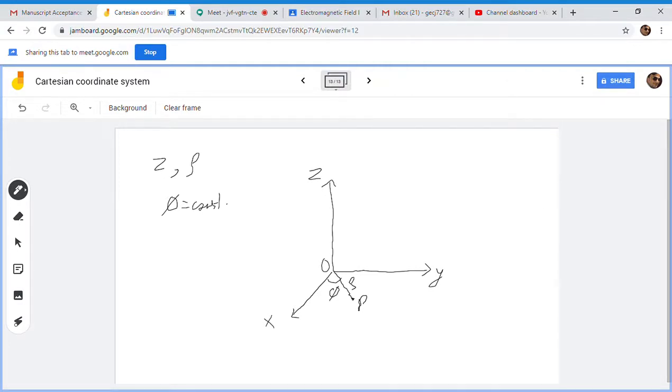Now this line is in the rho dimension, and you just have to move in the z dimension. This is your z dimension, and this is your rho dimension. You are covering the whole rho and the whole z, so you will be covering this whole plane.